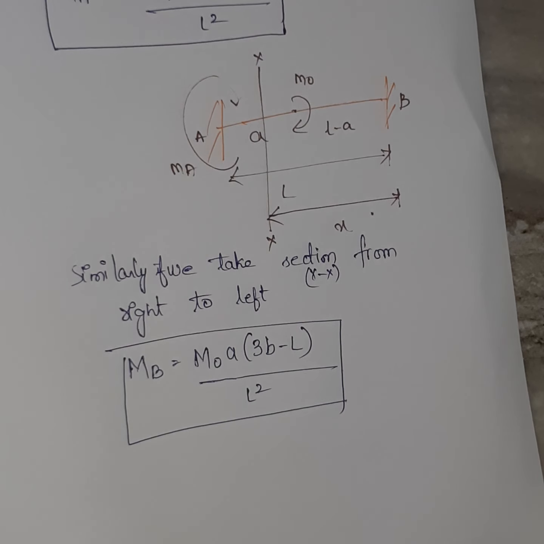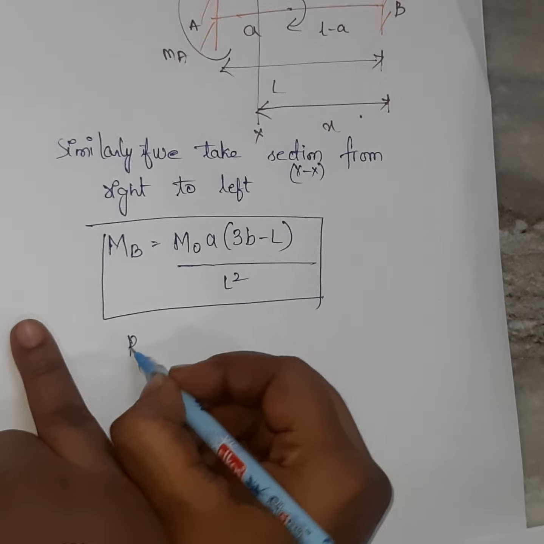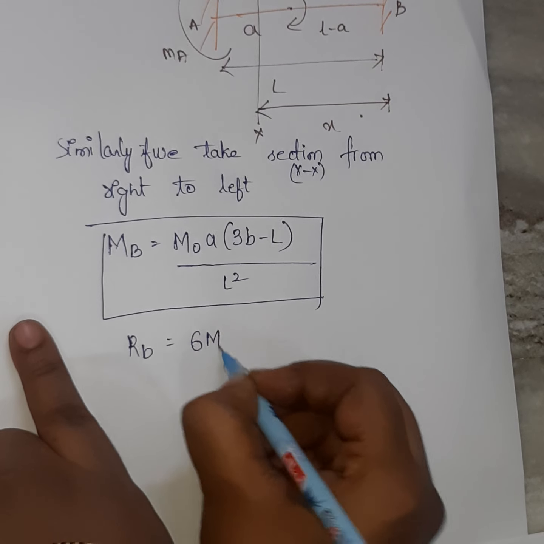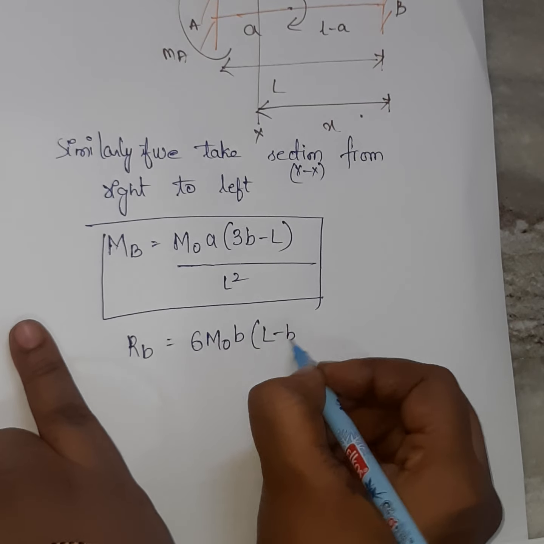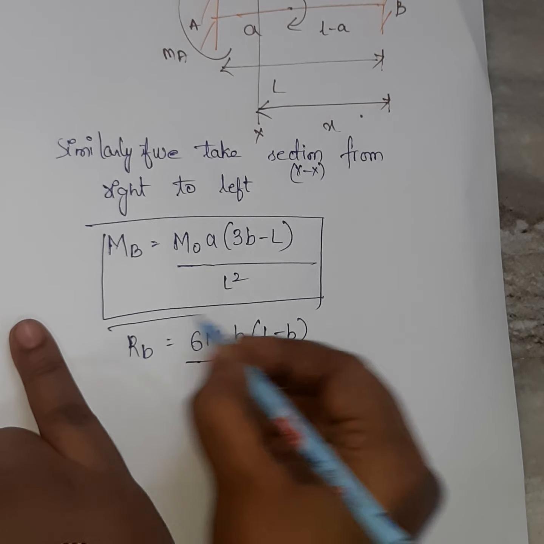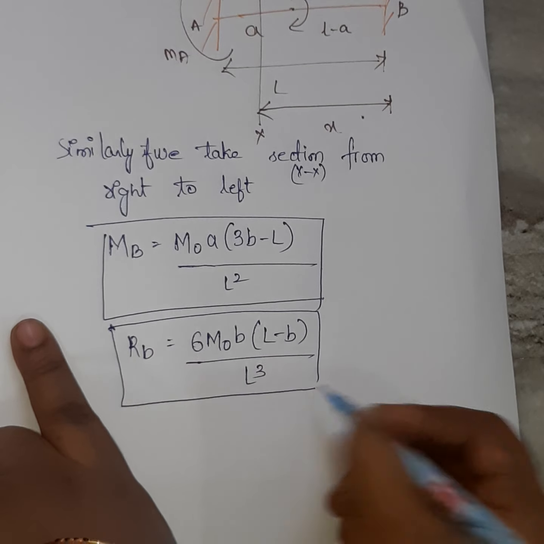Next, the RB value: RB is equal to 6 M naught a b by L cube. These are my fixed end moments.